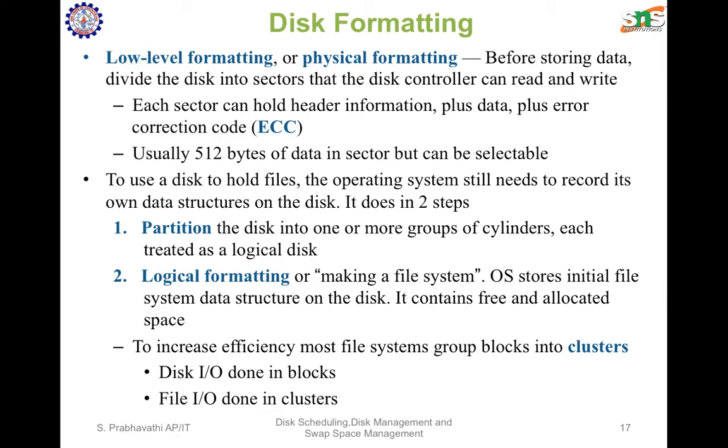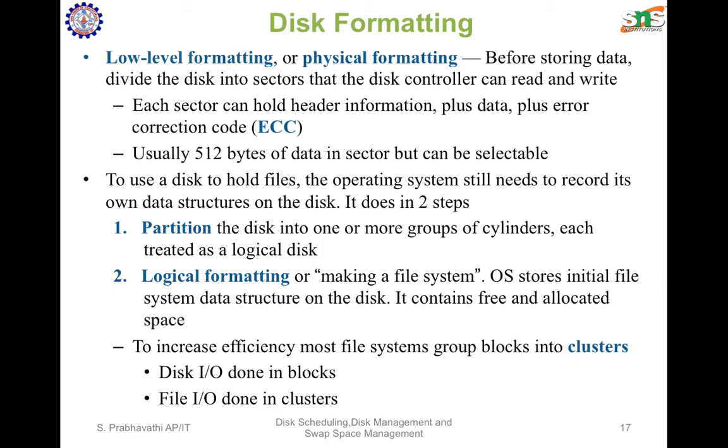If there is any mismatch between the stored value and the recomputed value, it will say that the stored data is corrupted. In this way, the operating system handles whether the stored data is right or corrupted. Usually in a sector we store data in sizes of 512 bytes, 1024 bytes, and so on.